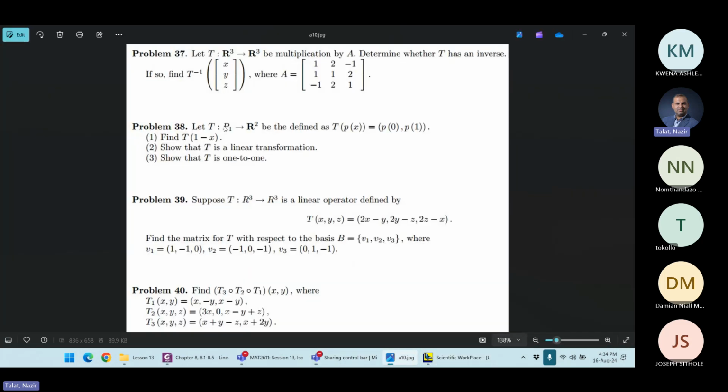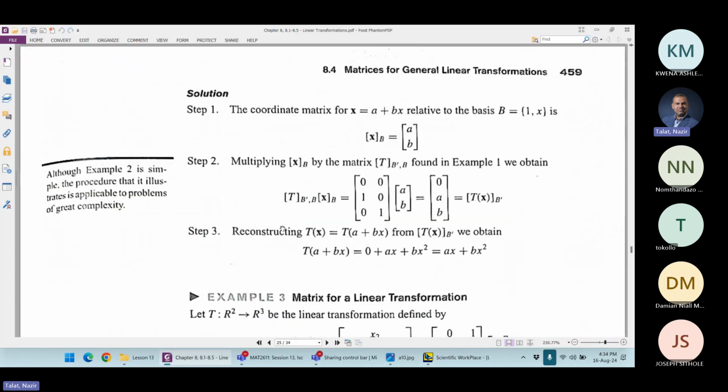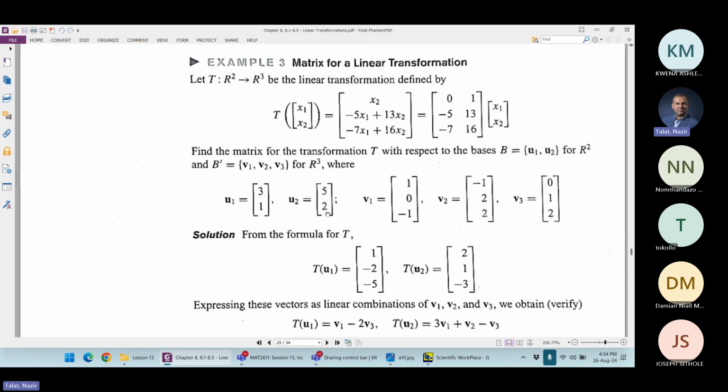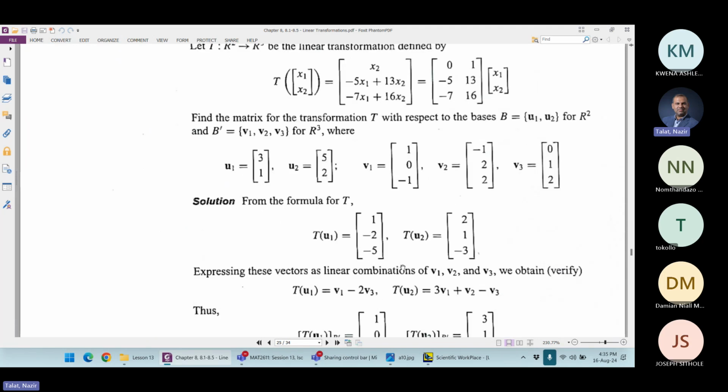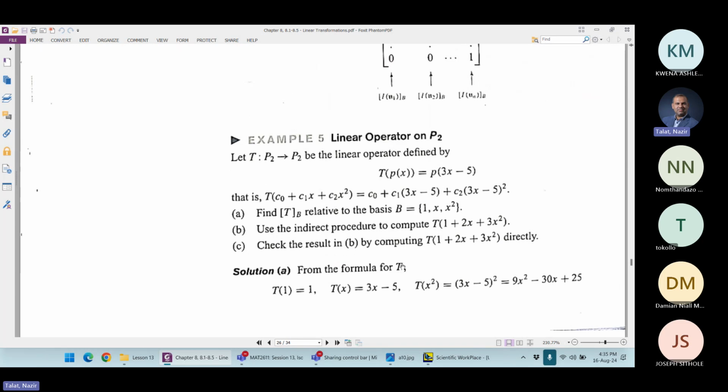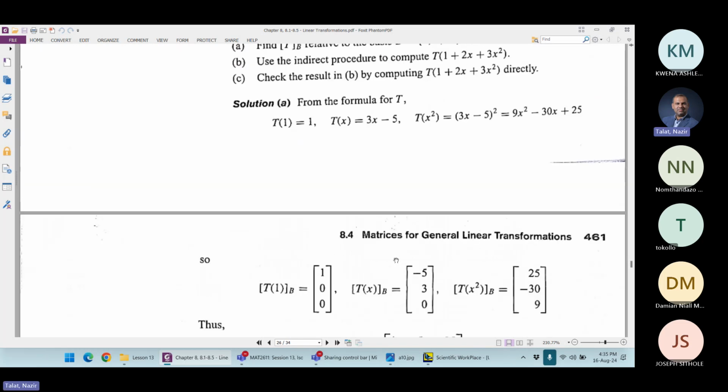And as you recall, examples of this are also available over here. For instance, you have u1 and u2. Whenever you employ these values, their combination will give us the standard matrix. If you plug in the values and put the coefficients, we will get the values over here.